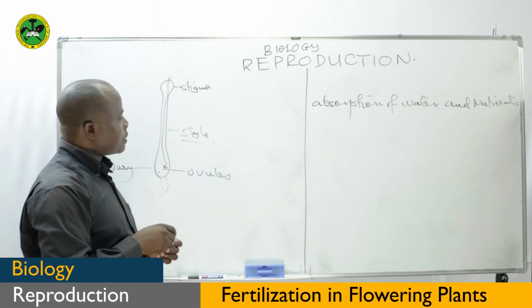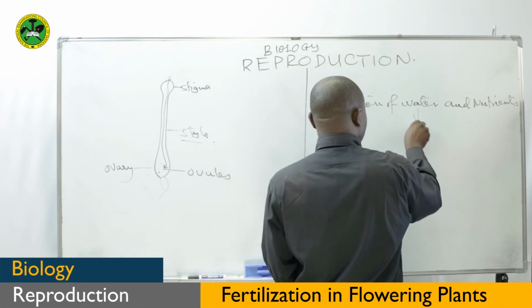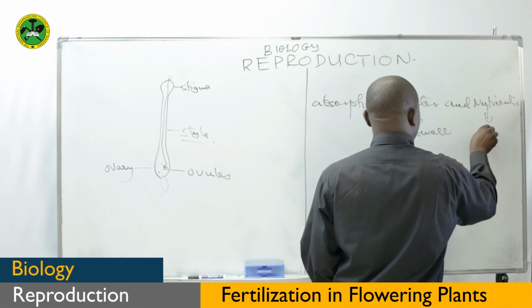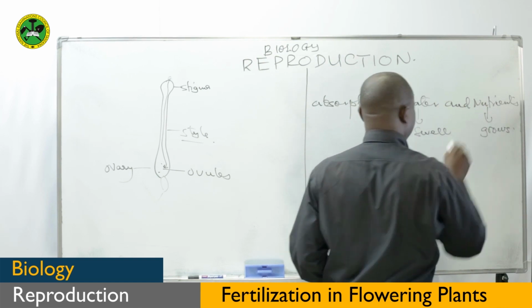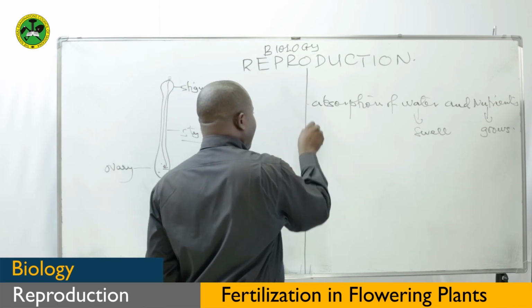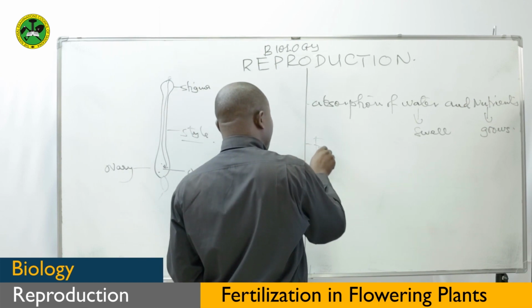This enables the pollen grain to swell and grow. This aspect leads to another aspect, the formation of the pollen tube.